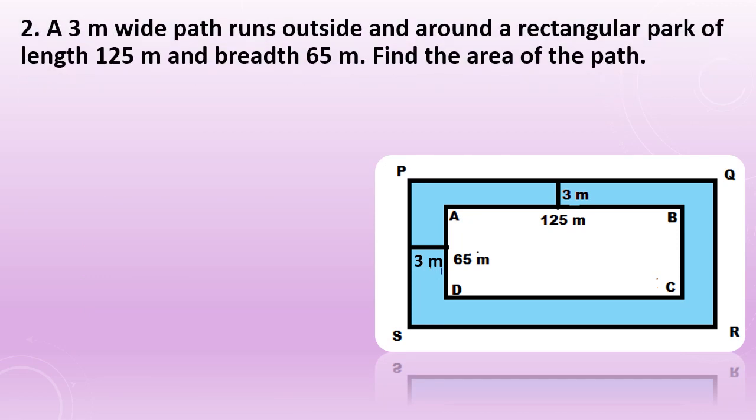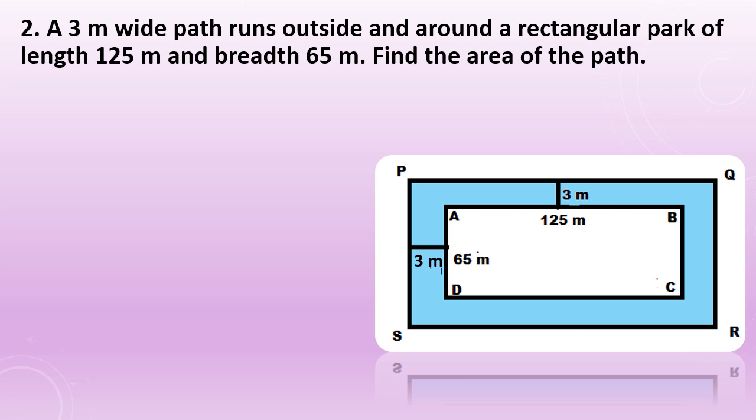A 3-meter wide path runs outside and around a rectangular park of length 125 meter and breadth 65 meter. Find the area of the path. Here I have drawn a 3-meter wide path that runs around and outside the rectangular park.